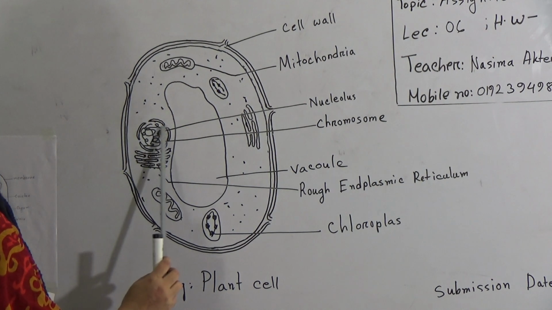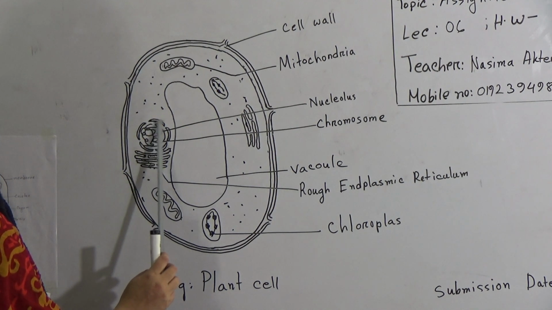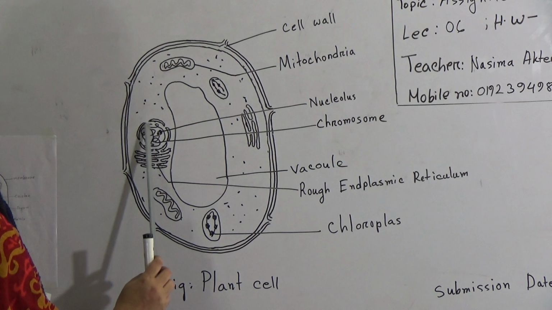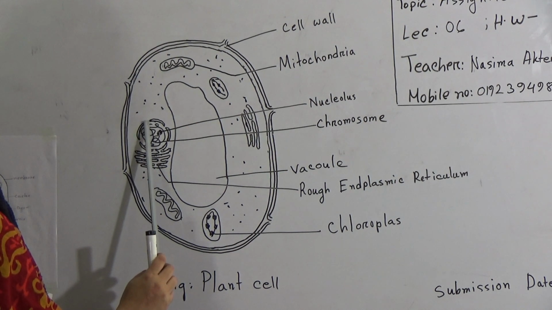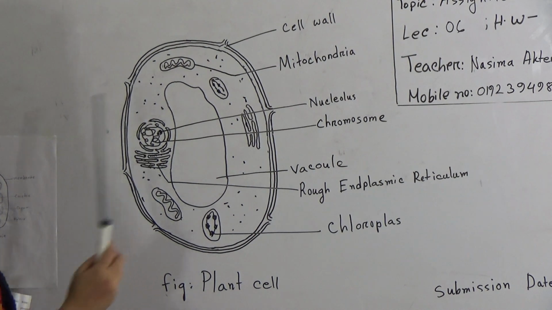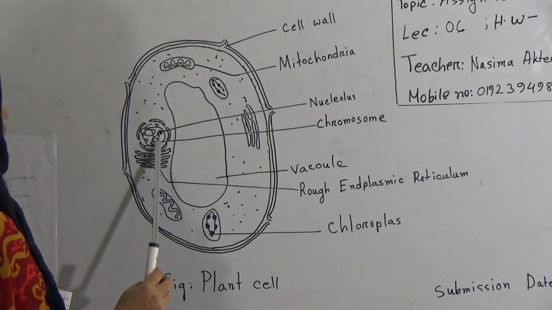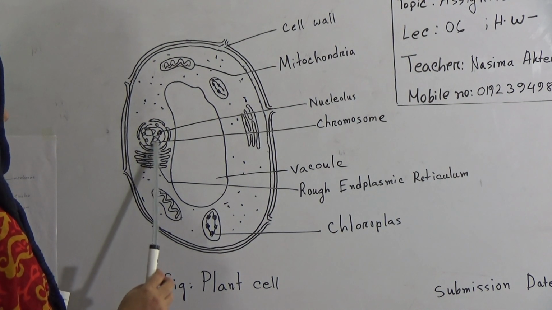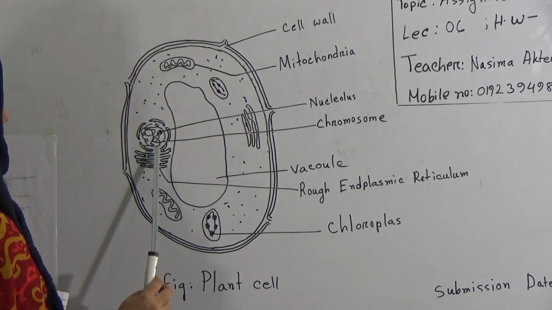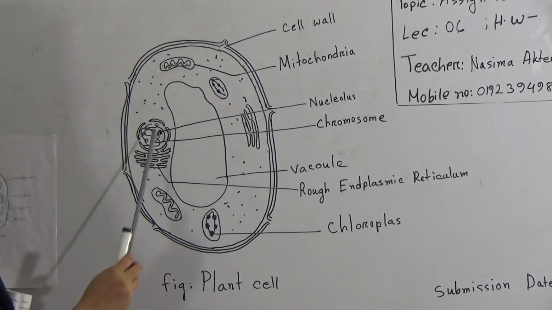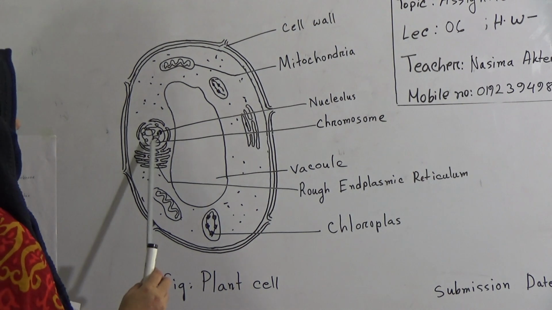And here is nuclear membrane, and here is nuclear pore between two membranes. Here will be a pore, this is called nuclear pore, and here is chromosome. Supercoiled structure inside this nucleus is called chromosome. All these things make a nucleus.